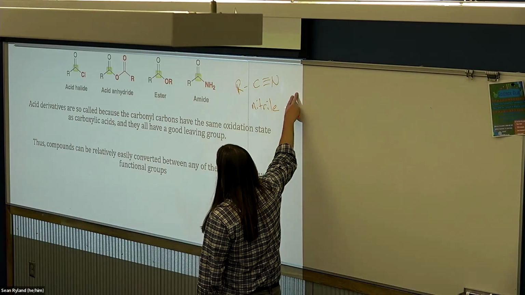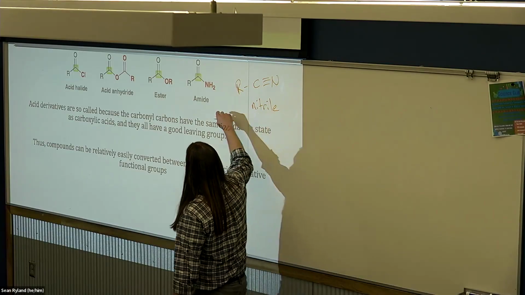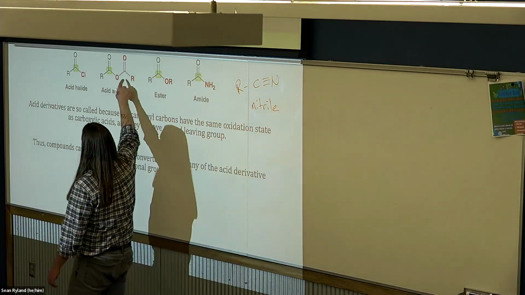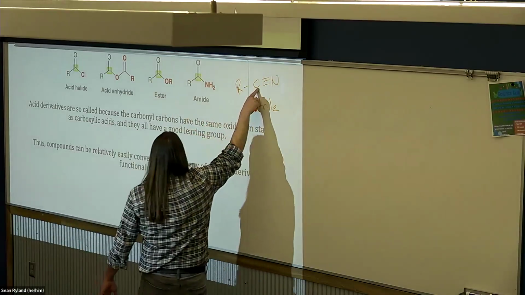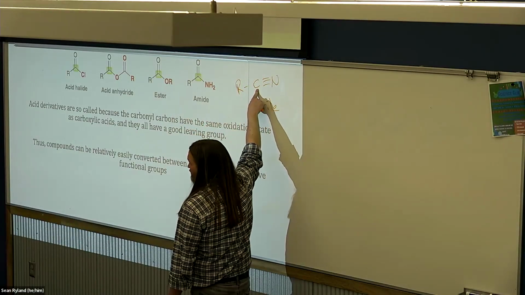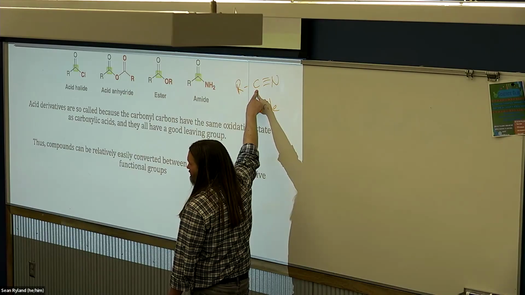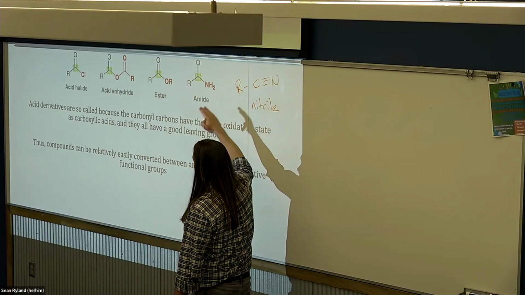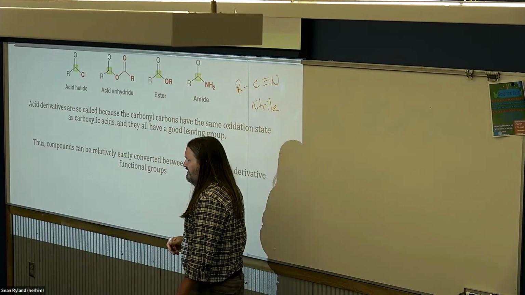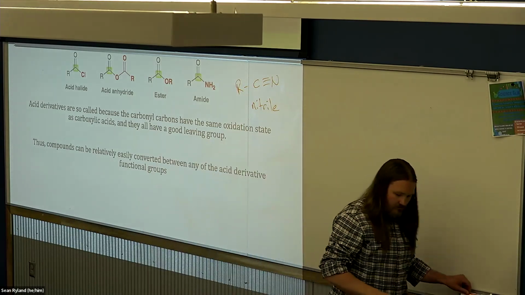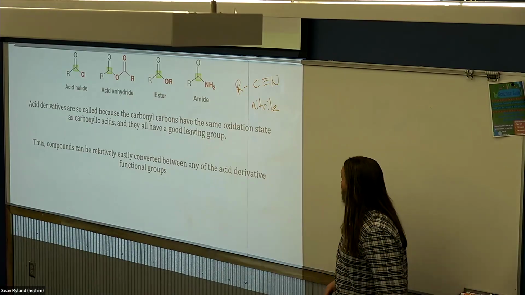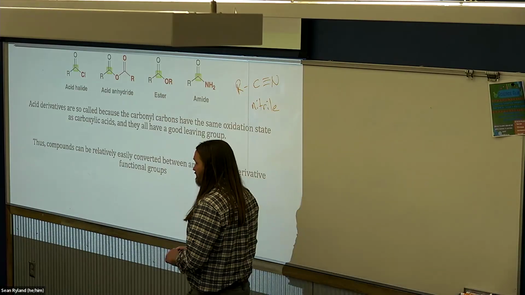The other reason this isn't always included in the same group is that the rest of these have a good leaving group attached to the carbonyl. This one isn't a carbonyl at all, and it doesn't have a good leaving group. So even though it's the same oxidation state, and we can convert back and forth between this and the others relatively easily, it's not typically considered an acid derivative. I just wanted to remind you that they exist.